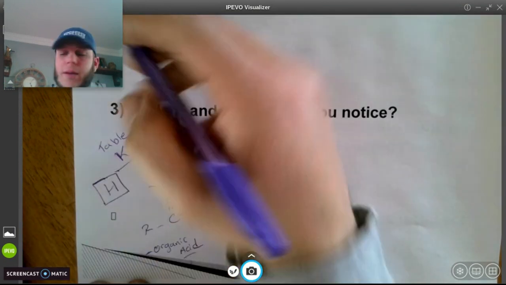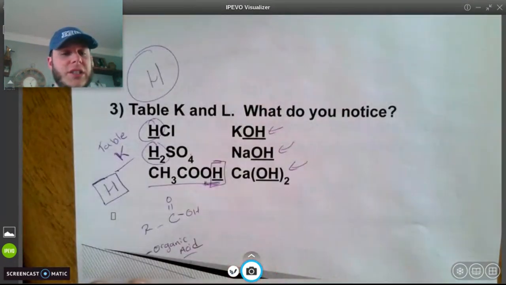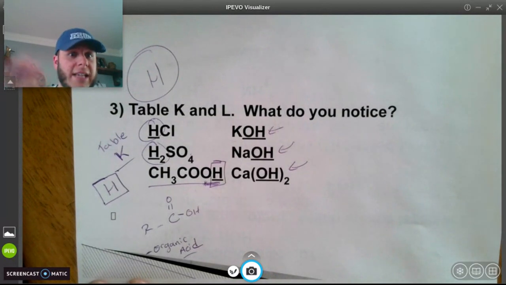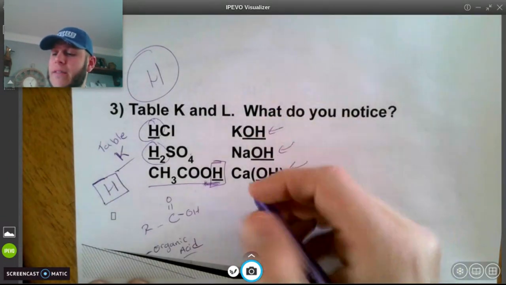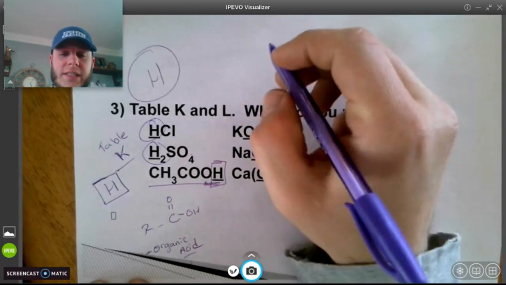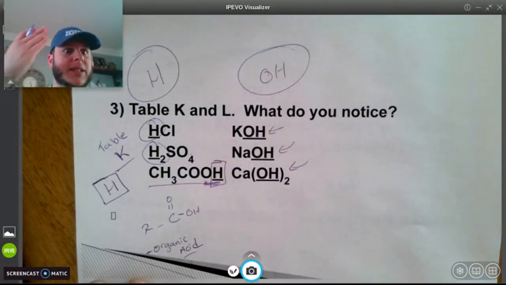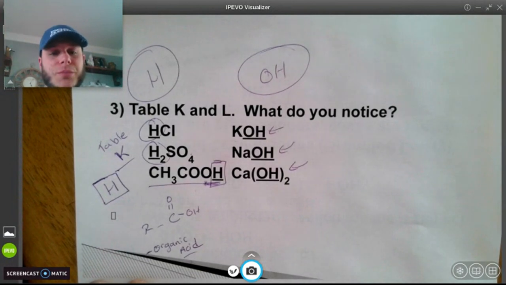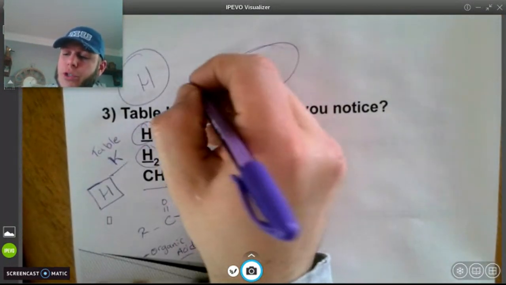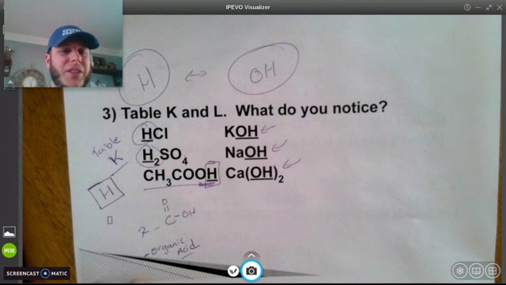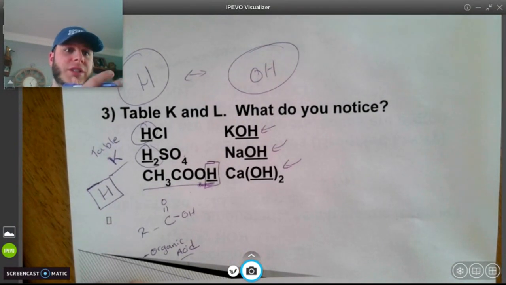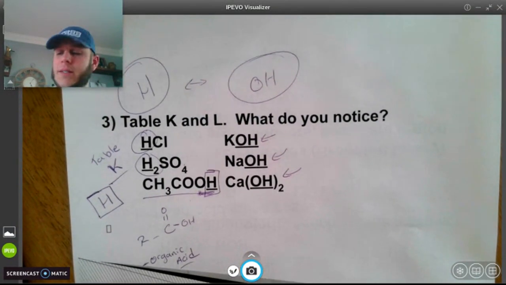The common acids table has a lot of H's and just H's, just like acids give off just H's. The Table L common bases have OH's, because bases give off OH-. It's a good reference so you don't really have to memorize it, but by the end of this unit, you'll know H is an acid and OH is a base.